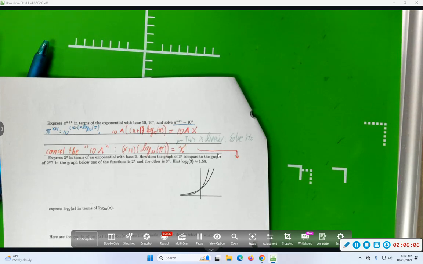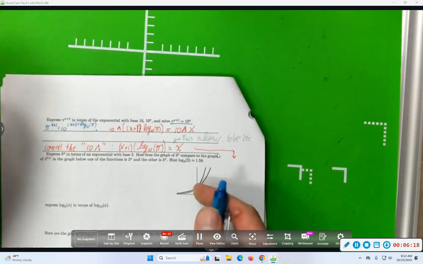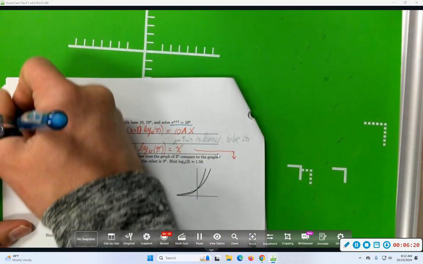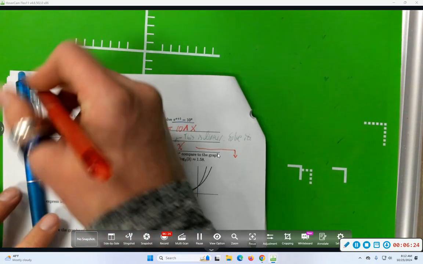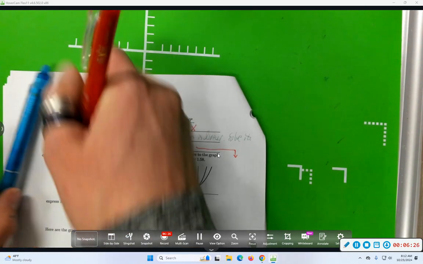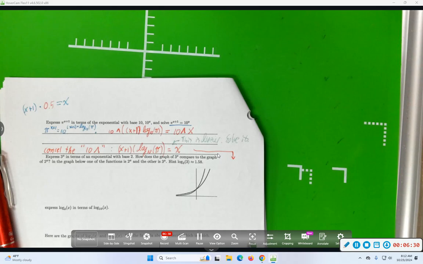So if this instead said x plus 1 times 0.5 equals x, would that be easy to solve? In order to see this idea, let's use that. So what if I asked you to solve this? x plus 1 times 0.5 equals x. If I asked you to solve that, what would you want to do?